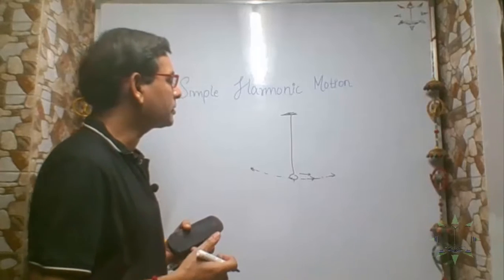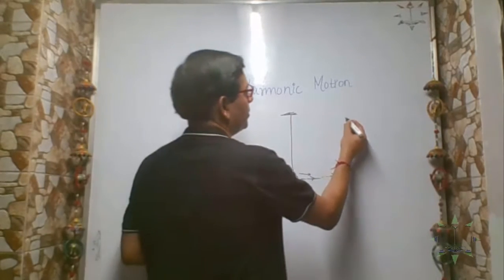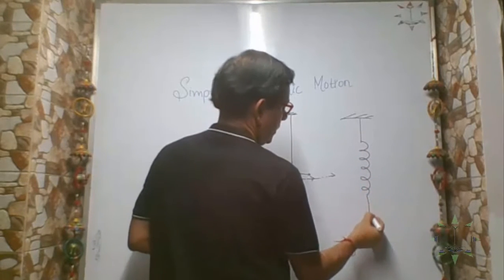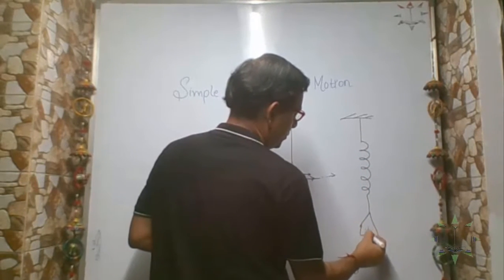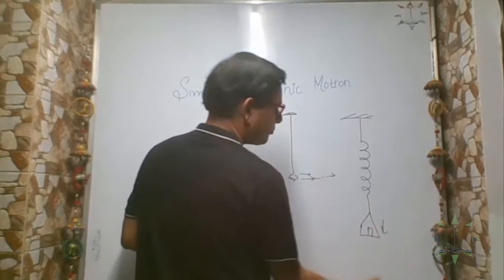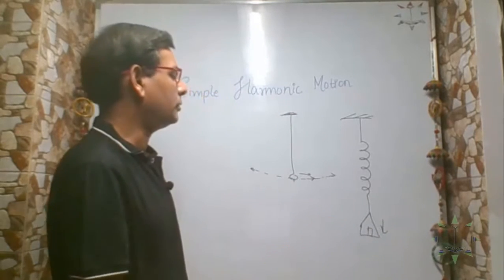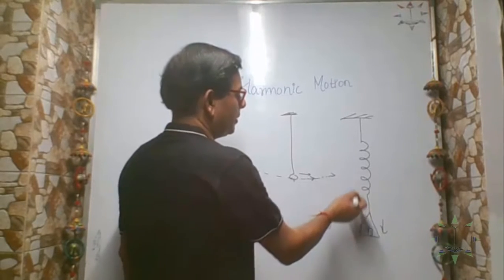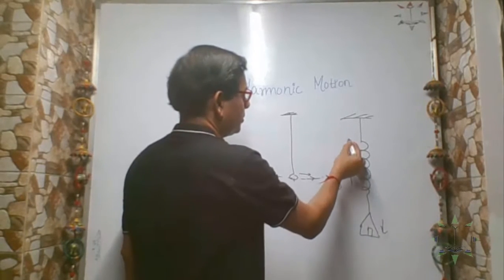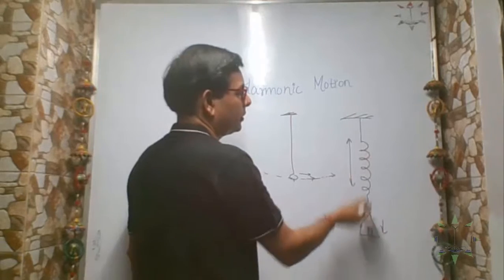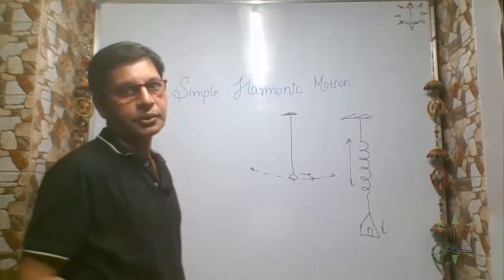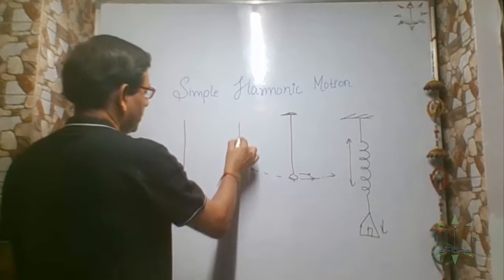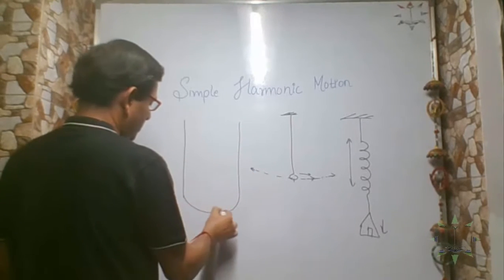We can take another example of simple harmonic motion. Suppose you have a spring here, and you put a load, and you pull it by a small distance and leave it. What will happen? This spring will execute to and fro motion. This is an example of simple harmonic motion. Suppose you have a liquid in a tube.